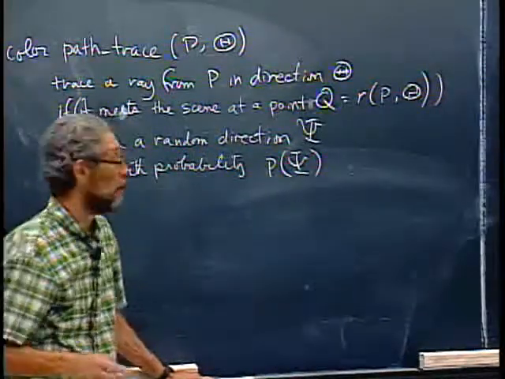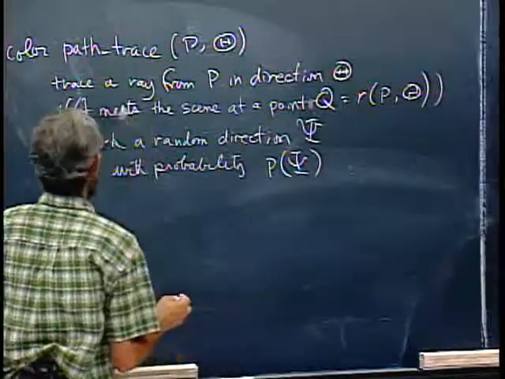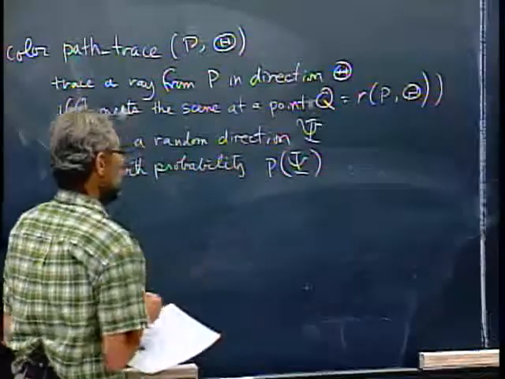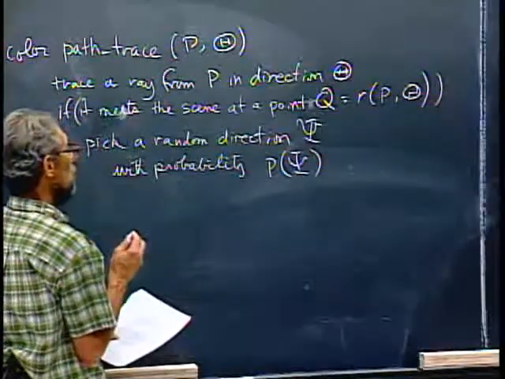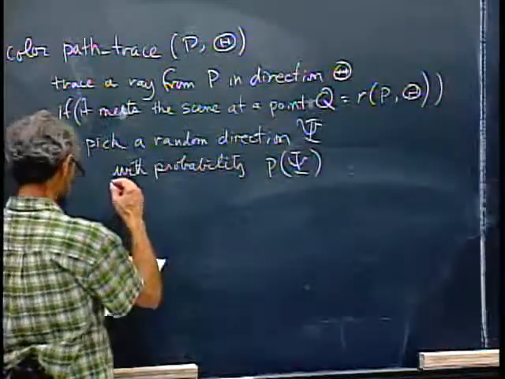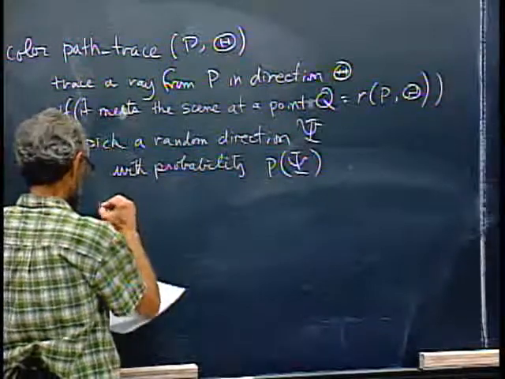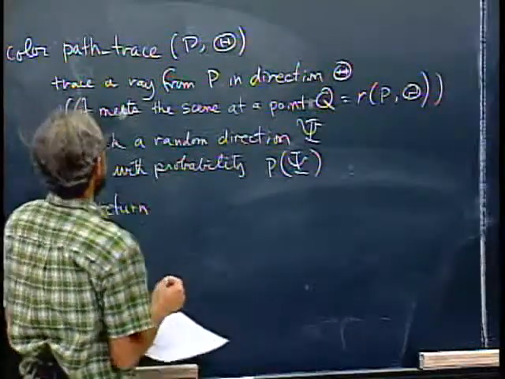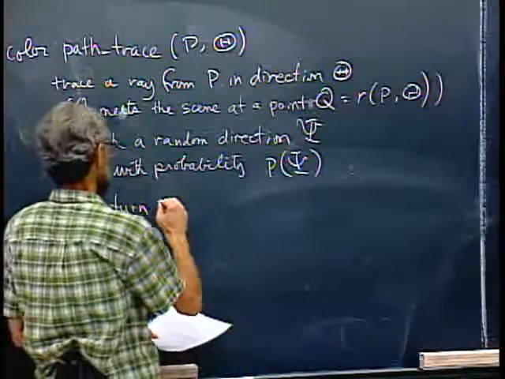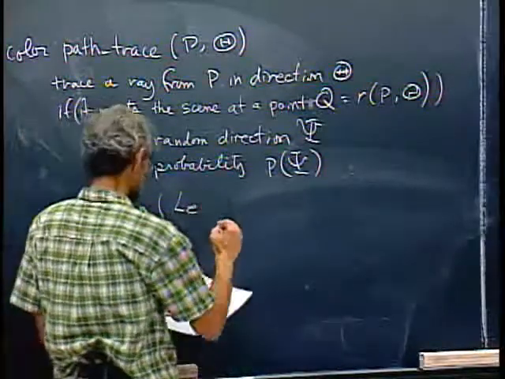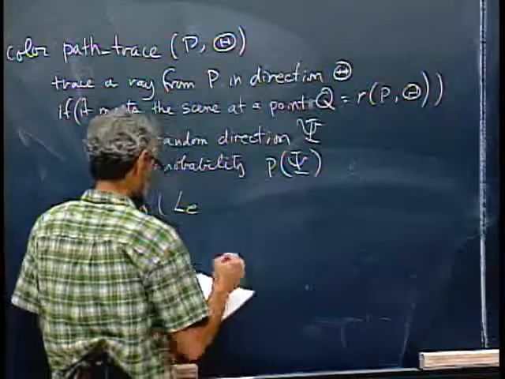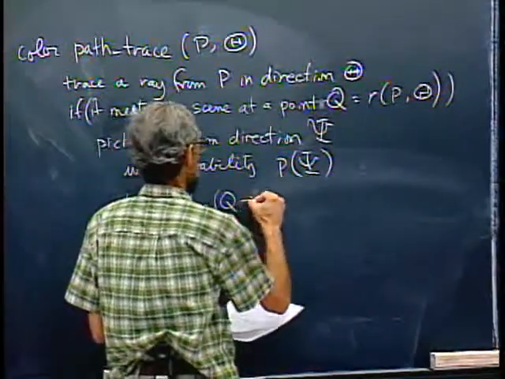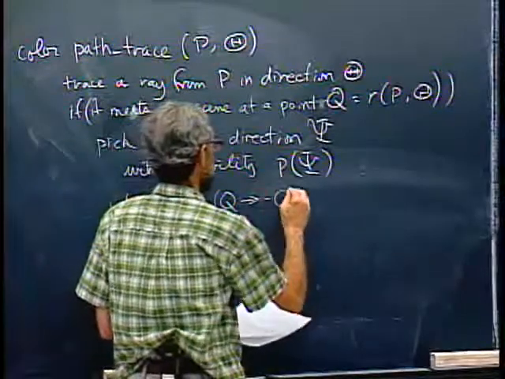It doesn't matter how you pick it. What you're going to do is return one sample of what you see in that direction. But what you have to do is return first LE at the point Q going into direction minus theta, right?